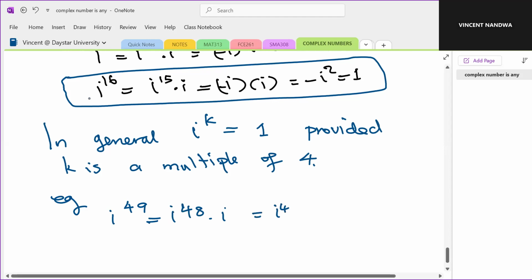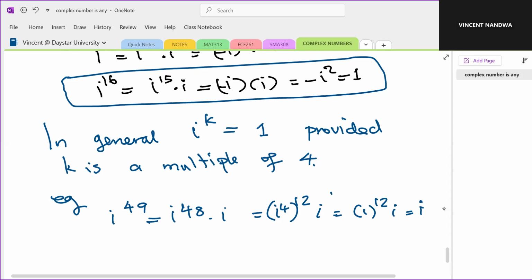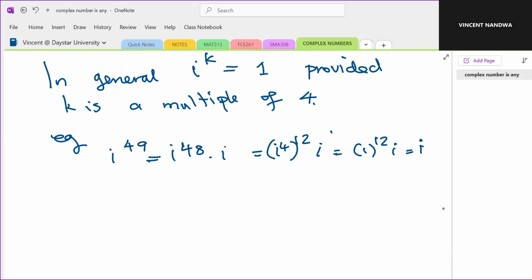And i power 48, we know that 48 is a multiple of 4. So it's the same as i power 4, power 12, then I multiply by i. And we have said that i power 4 is positive 1, power 12, I multiply by i. And we know 1 raised to any power is the same as 1. And so 1 times i is just i. So i power 49 is the same as just i.